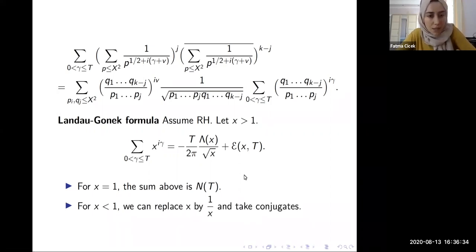When x is less than 1, that time you just take conjugates of the x to the i gamma, and then what you're doing is you're just replacing x with 1 over x to find the value of the sum for that x. Okay, so for any x, you have an expression for the sum of x to the i gamma. So now we want to apply this to our sum that we see here, and let's do that.